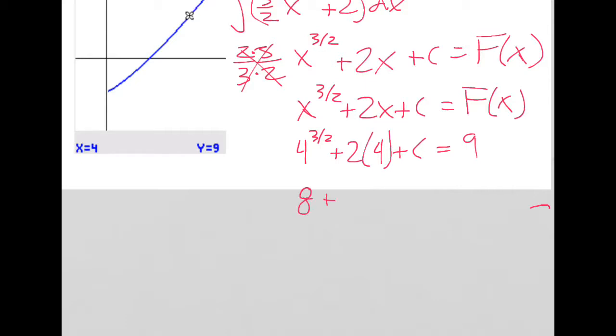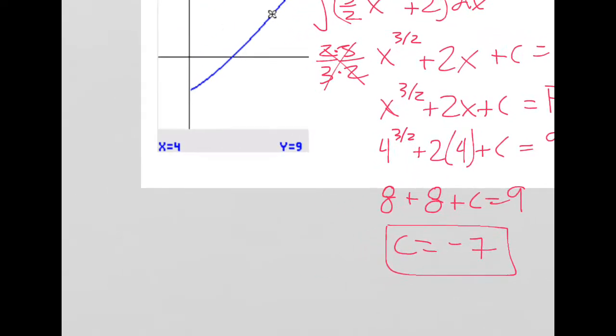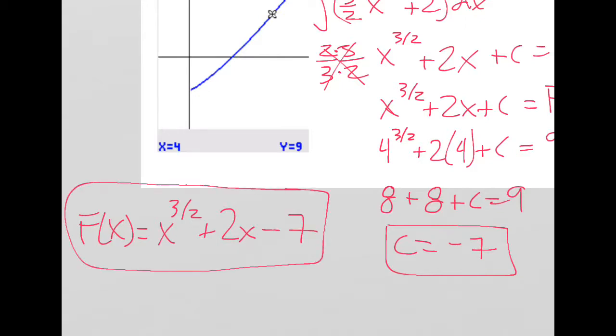So I get 8 plus 2 times 4 is 8 plus c equals 9. So let's figure out what c is. Subtract 8 from 9, you get 1, and then subtract 8 from 1, you get negative 7. So c is negative 7, and we can write our equation, big F of x equals x to the 3/2 plus 2x minus 7. And we are done.